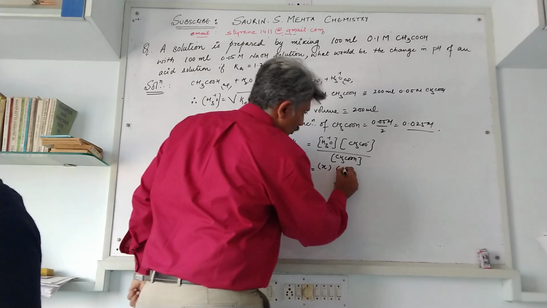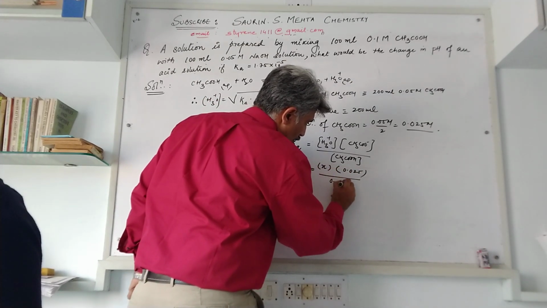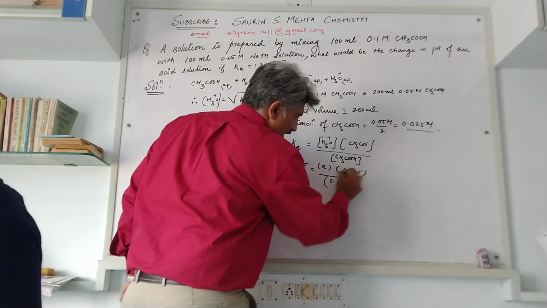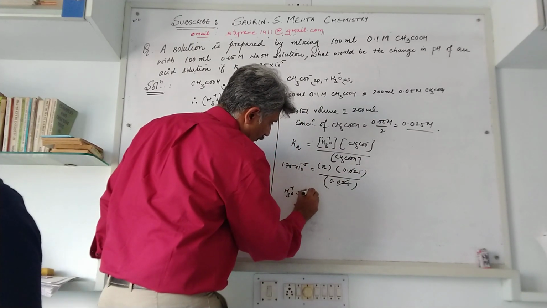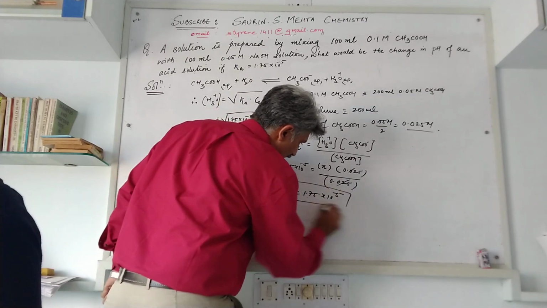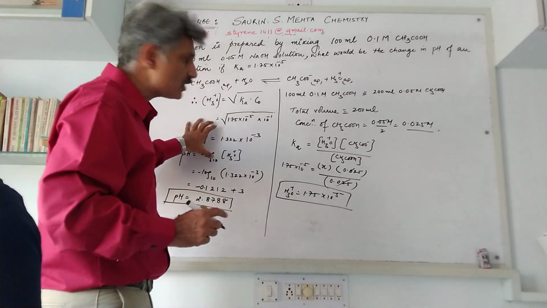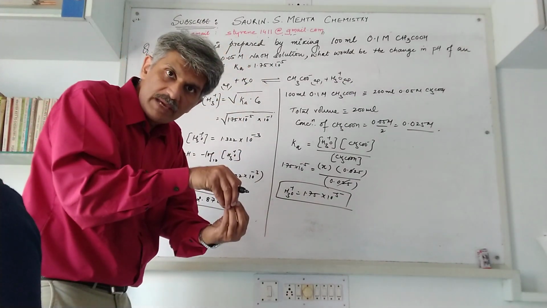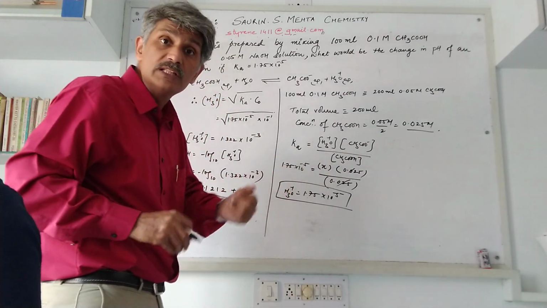So that will be 0.025 upon 0.025. So this gets cancelled out, and therefore H ion concentration is 1.75 × 10^-5. This H ion was also determined earlier, but there is a difference. This was before it was mixed with base, and this is after it is mixed with base. So that only can yield us the change in pH.